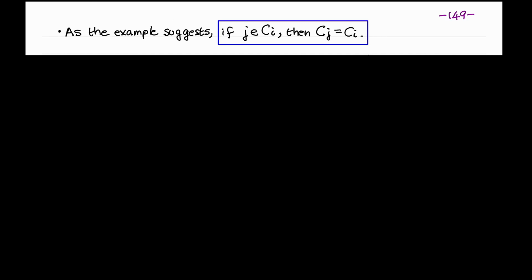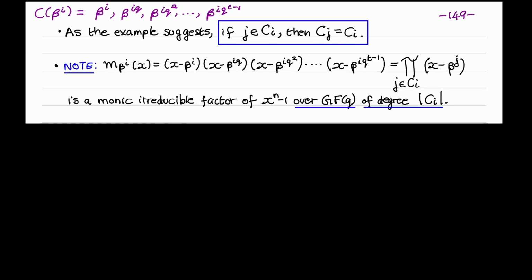This example suggests that if j is an element of the cyclotomic coset containing i, then C_j equals C_i. This statement is easy to prove. Recall that the roots of the minimal polynomial of beta to the i over GF(q) are precisely the conjugates of beta to the i, and that this minimal polynomial is an irreducible factor of x to the n minus 1 over GF(q). We also saw that we can write this polynomial in fully factored form as a product of linear factors, where the roots of the linear factors are the conjugates of beta to the i.